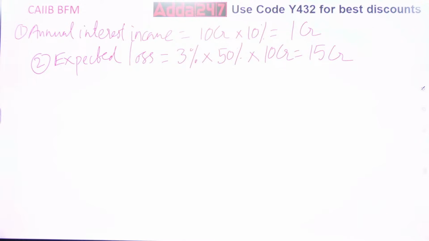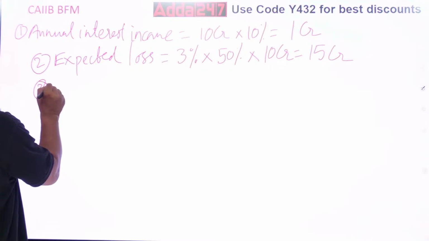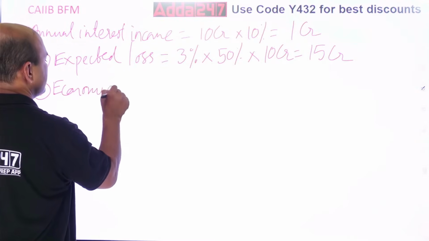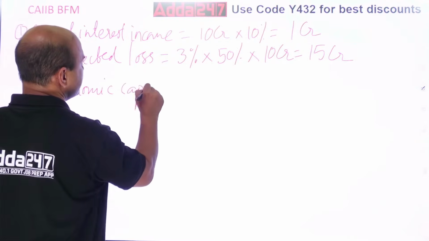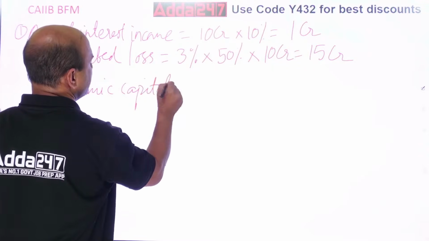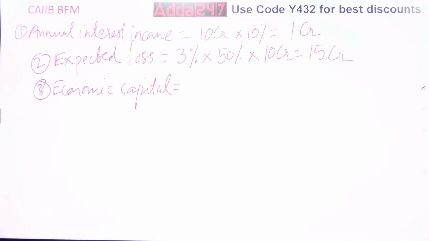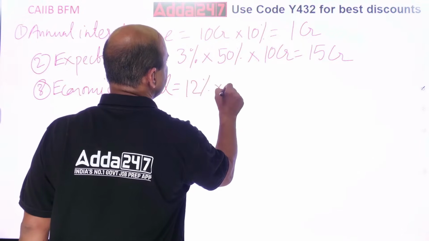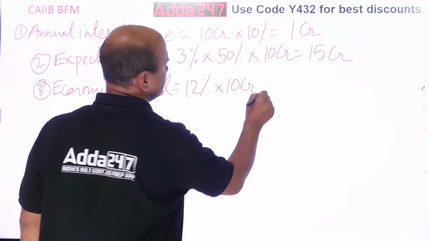What is the economic capital given? Economic capital, very important term. That is given as what? 12%, I think. 12% into what? That loan amount. So 12% into loan amount, which is 10 CR.